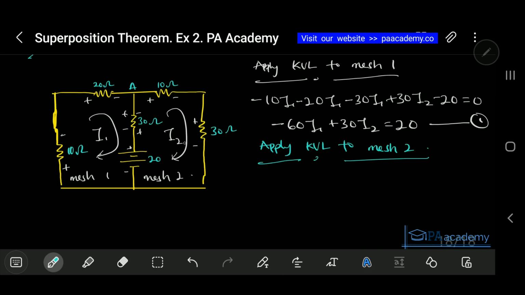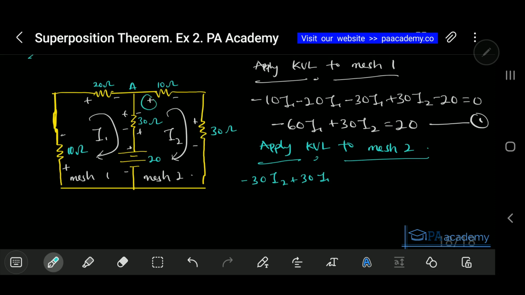So this is what we are considering as our mesh 2. Where do we start from? Let's just start from here. From positive to negative due to I2, that will be minus 30 I2. From negative to positive due to I1, that will be plus 30 I1.